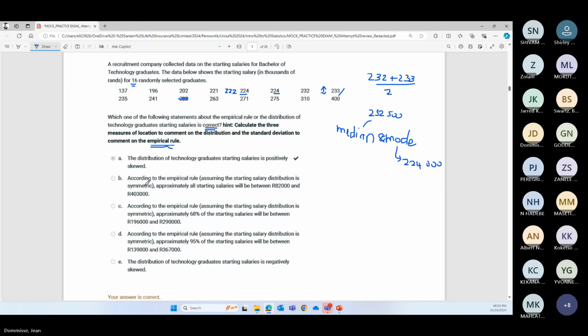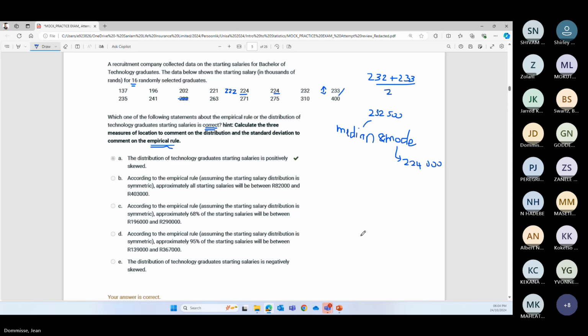So the distribution of technology graduates starting salaries is positively skewed. Distribution salaries is negatively skewed. So with these two, we can already say there's going to be a skewness.